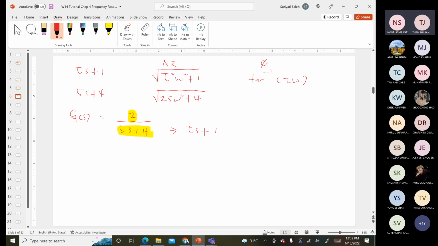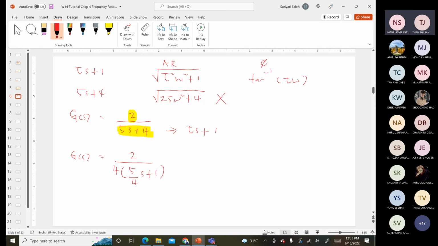So this is actually wrong because there is no plus 4. The default is plus 1. So if you have something other than plus 1, in this case 5s plus 4, you need to convert it into plus 1. So in this case you take out the 4: 5 over 4 s plus 1. So this is the correct way.